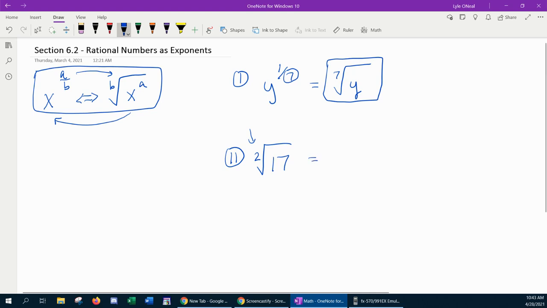And so to convert that, that's going to become 17 to the, remember roots grow underground, so the root becomes the denominator, and the exponent, which here is understood to be 1, becomes the numerator. So we can say the square root of 17 is the same as 17 to the 1/2 power.